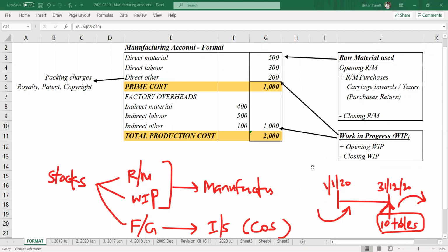So these are the things that you need to know about the format of manufacturing account. So let's directly move on to the questions now. So I move to question number 1.